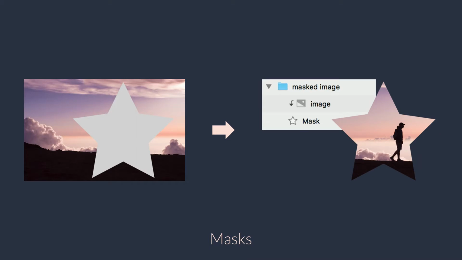So it's as if you were to have a sticker sheet, and you take the sticker off and put it to the side, and then you take that back end of the sticker, that stuff that's left from the sticker sheet, and you put it down on a photo. Does that make sense? It hides everything that is not in that shape. So you can see here what that ends up looking like in Sketch.